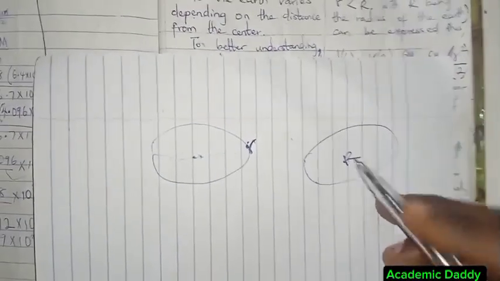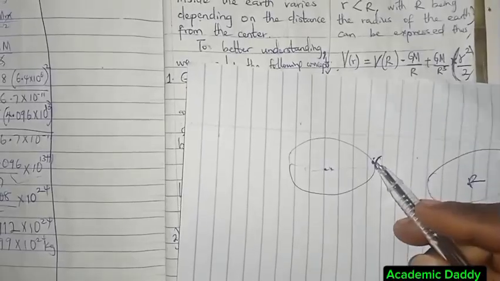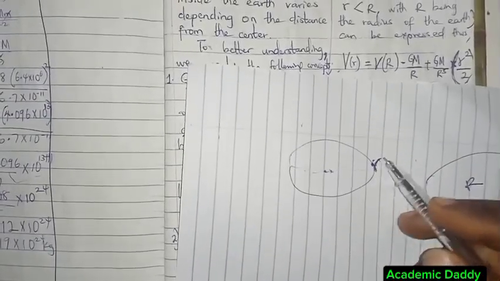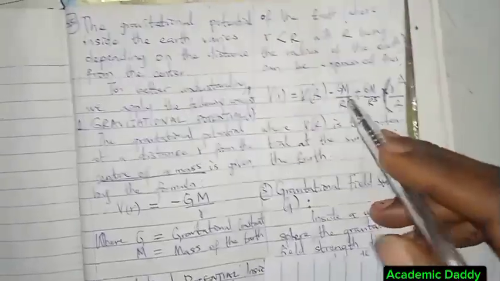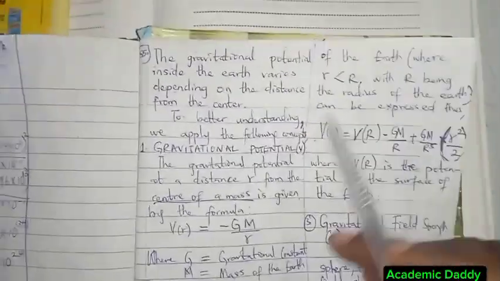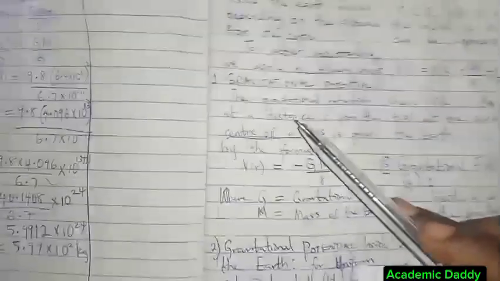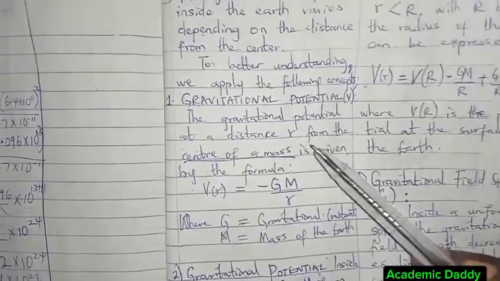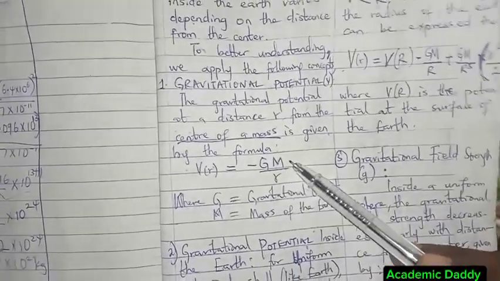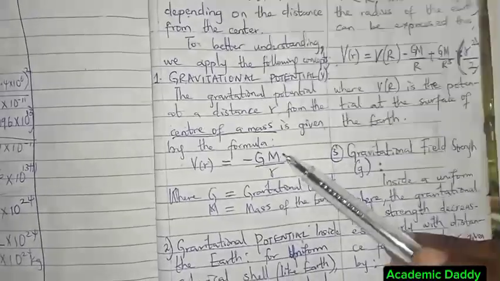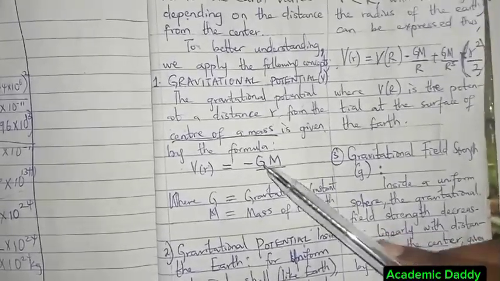It is always constant. Why? When it's here, when it's at a distance from the center, we use an equation to learn it. So we say that the gravitational potential at a distance from the center of mass is given by the formula GM all over r. Notice that everything you see here is the same thing as Newton's equation.